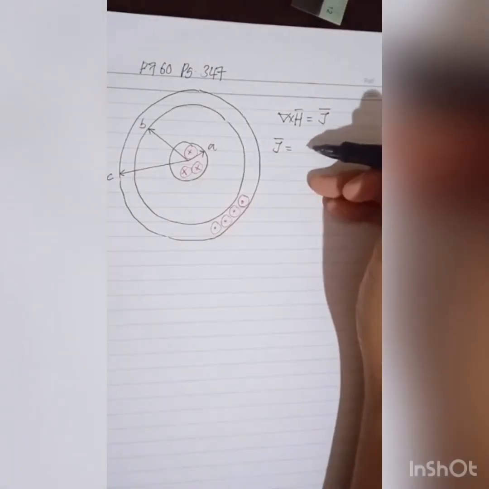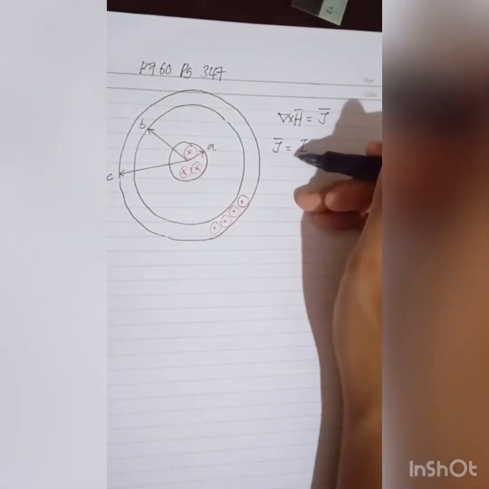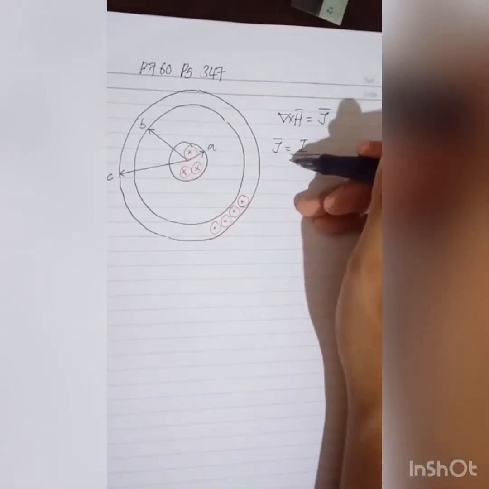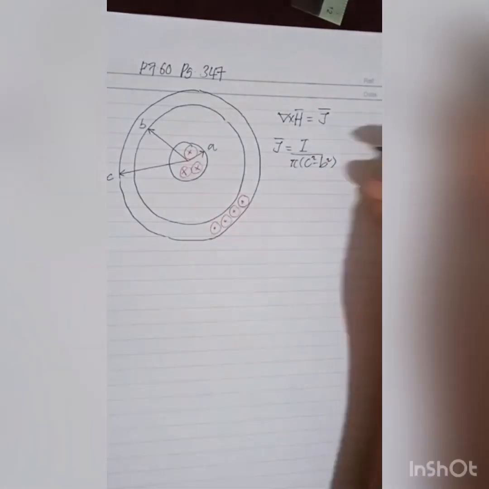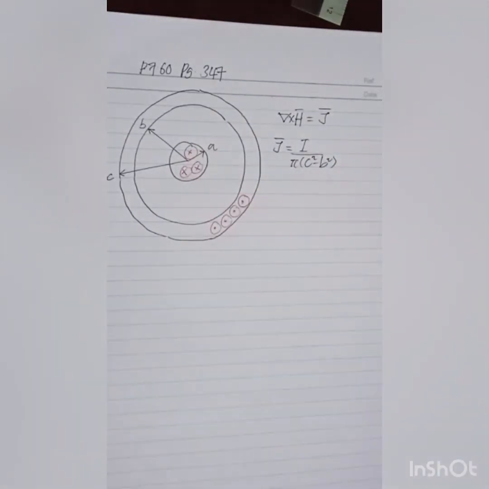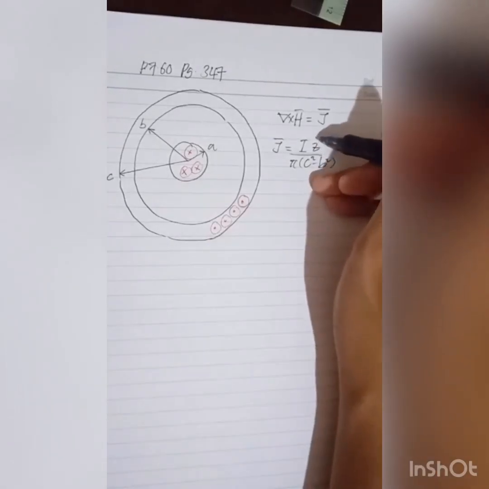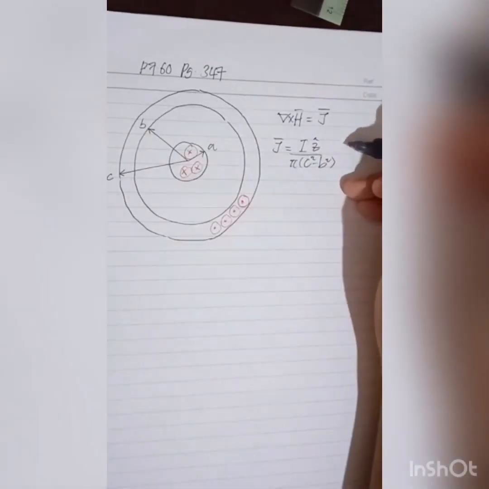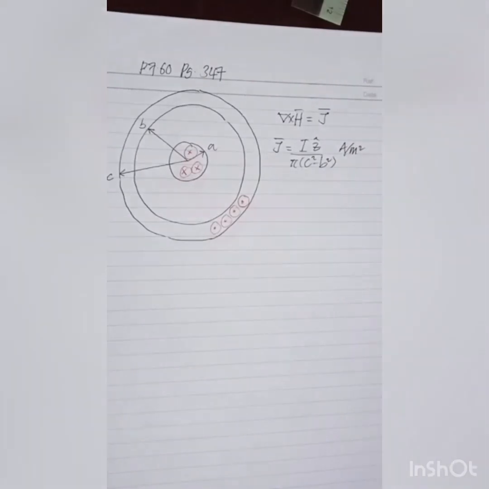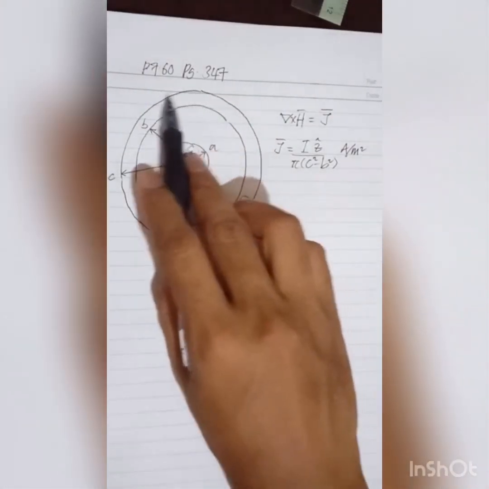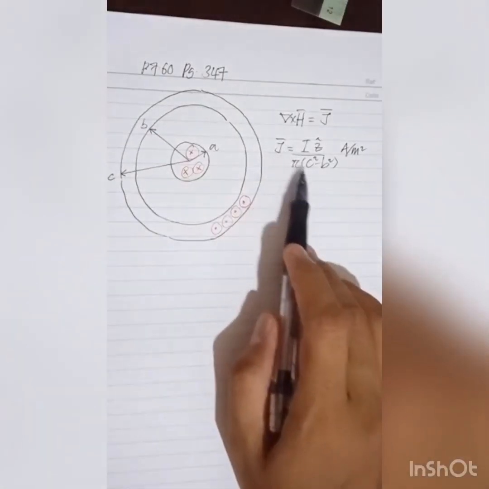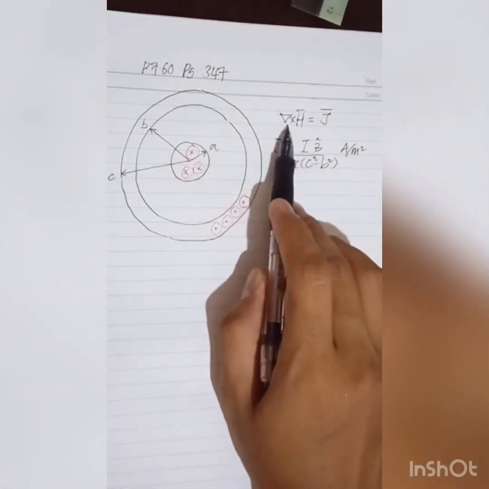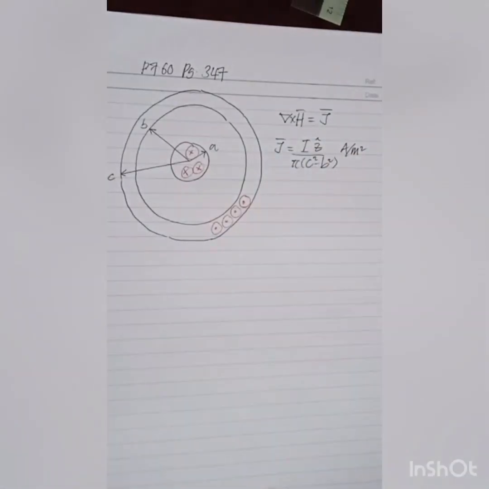The total current is I positive, and the total area is pi times c squared minus b squared, in the positive z direction, with units of amperes per meter squared. So that's the J flowing in the outer conductor, as shown here. Now we are going to prove that this J value must be equal to the expression of curl of H.